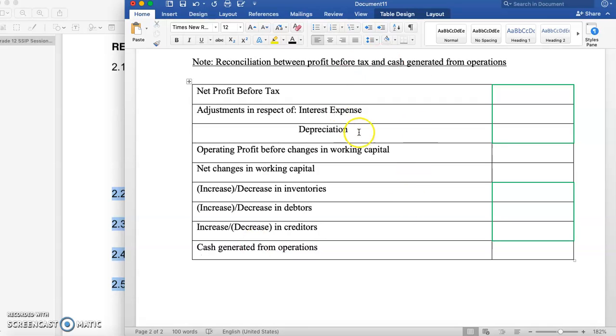Okay, so you need to learn all these items that go into this reconciliation, and those are the only ones we're doing here and now. There are more, there is always more, but for now, this is what we're going to be focusing on. And in the next video, I'm going to look at the question and write in the amounts.